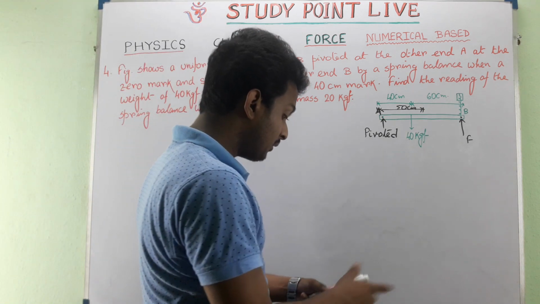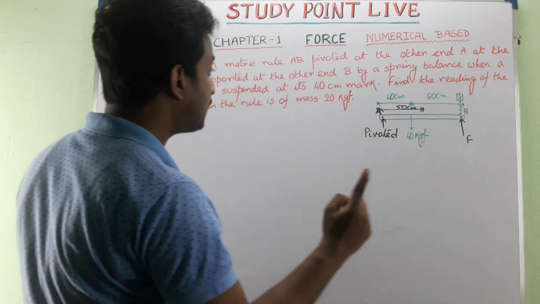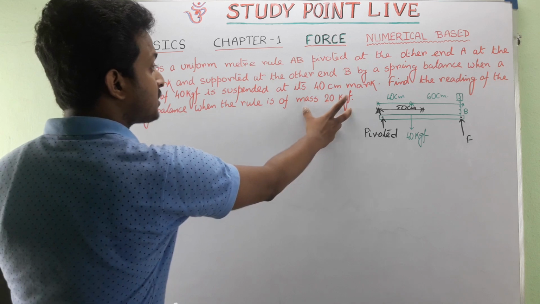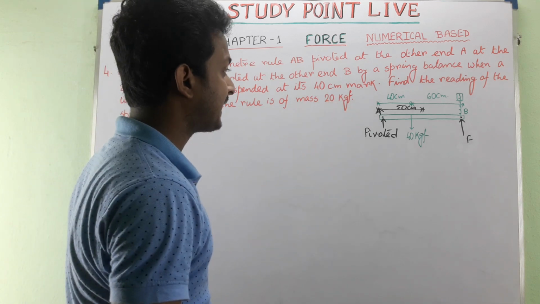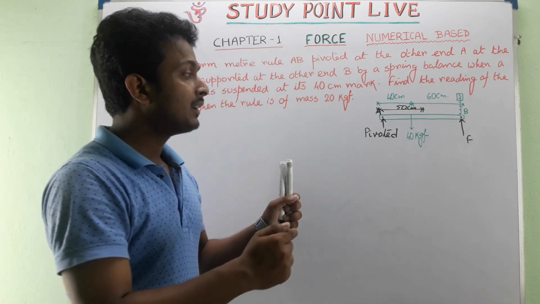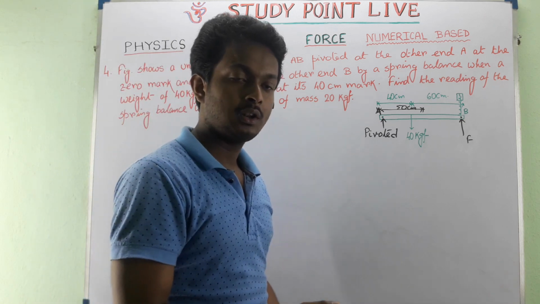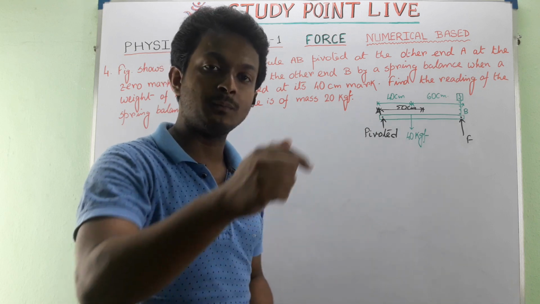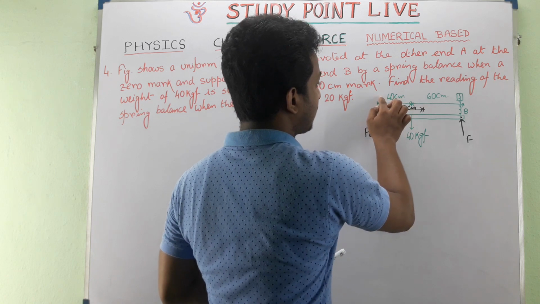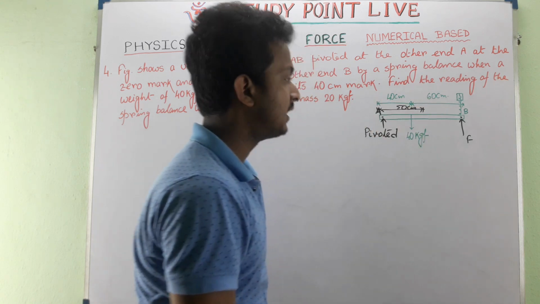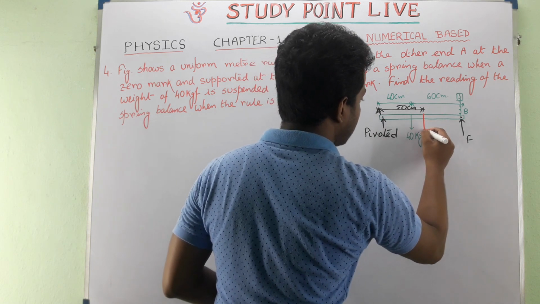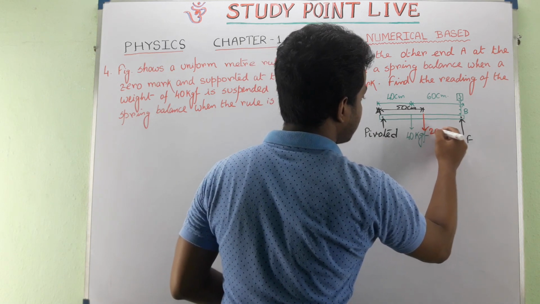So before going to the numerical, one thing we have to draw in this diagram, that is the mass of 20 kgf acting on the uniform meter rule. For a uniform meter rule, always the CG acts at the midpoint of the entire bar. So because the entire length is 40 plus 60, that is 100 centimeter, at the distance of 50 centimeter, the 20 kgf will act.